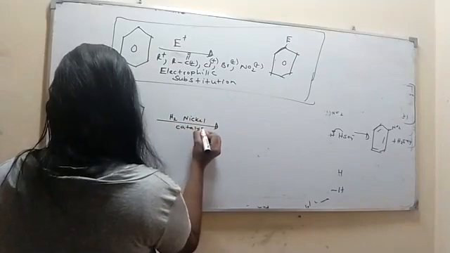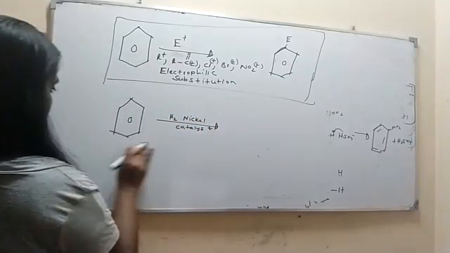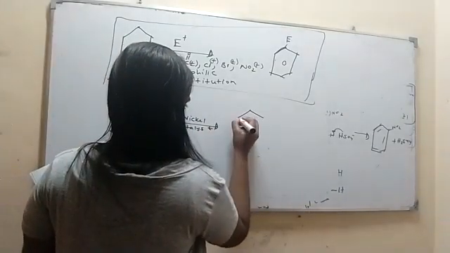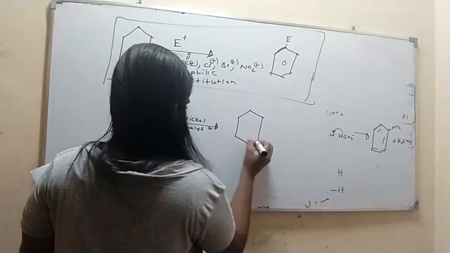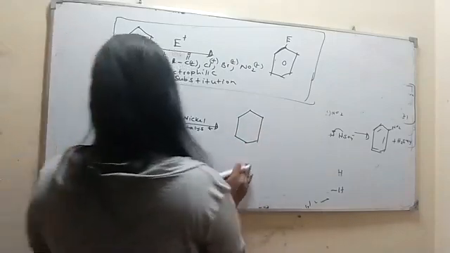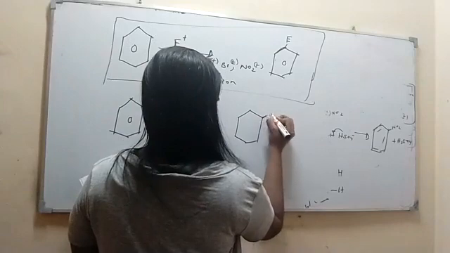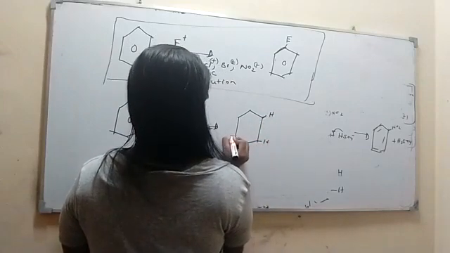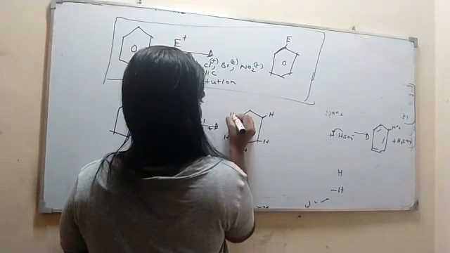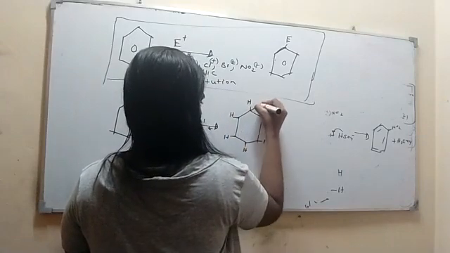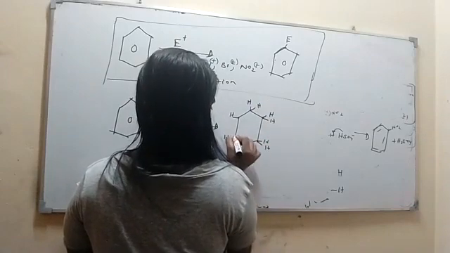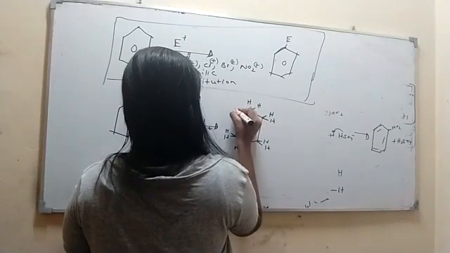Then what happens is, hydrogen will get attached at all positions. Normally there is one hydrogen and we are not depicting it. But here all the double bonds will break, and hydrogen will come in all positions. This we call the hydrogenation reaction.